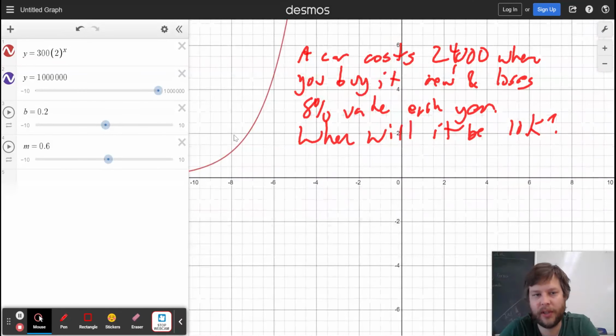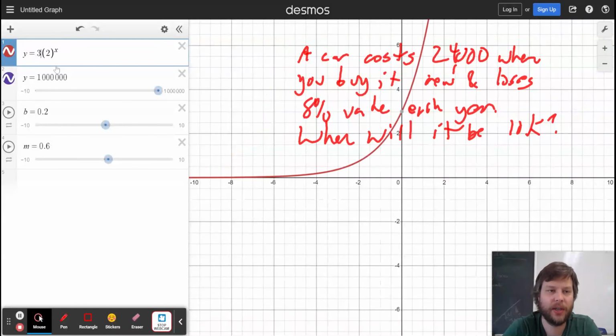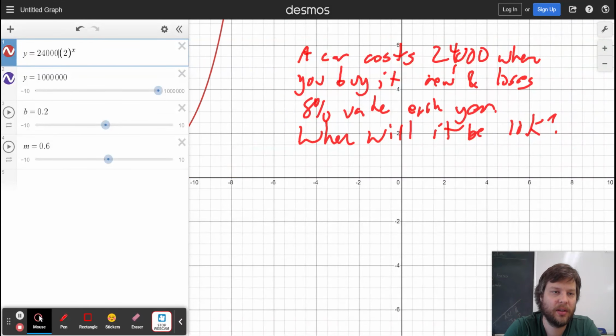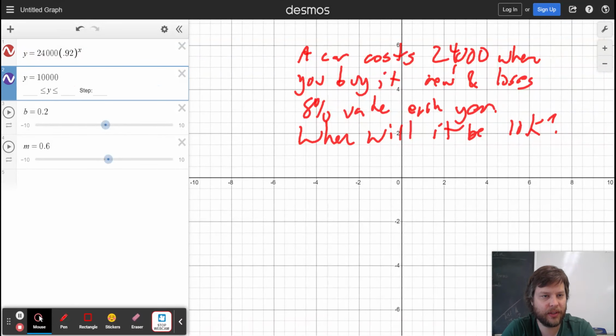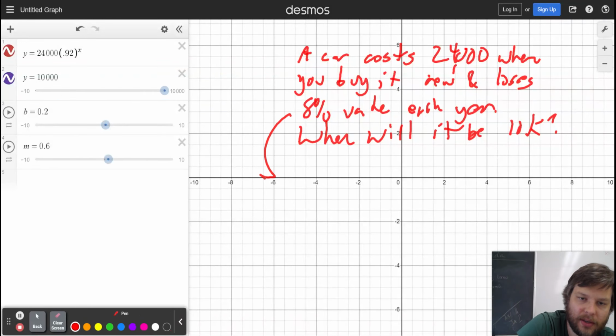So you have a $24,000 car when you buy it. That's going to change my starting number, my b value, to 24,000, and it loses 8%. So I'm going to put in here 0.92. And you might be wondering, wait, where's the 8 involved there? The idea is that if you take 8%, it becomes 0.08.